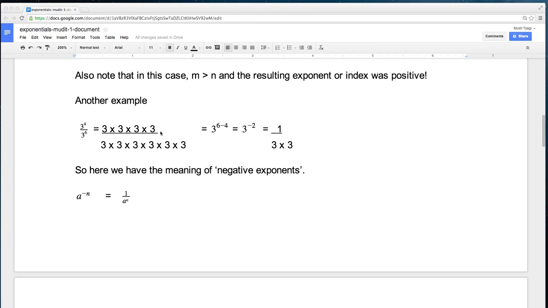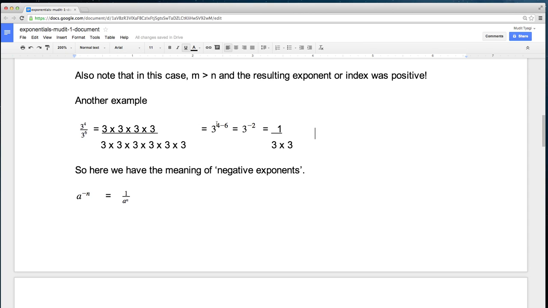And you can see that the 4 threes in the numerator will cancel out 4 of the threes in the denominator. And here we have a mistake. So let's fix that. This is supposed to be a 4, and this is supposed to be a 6.